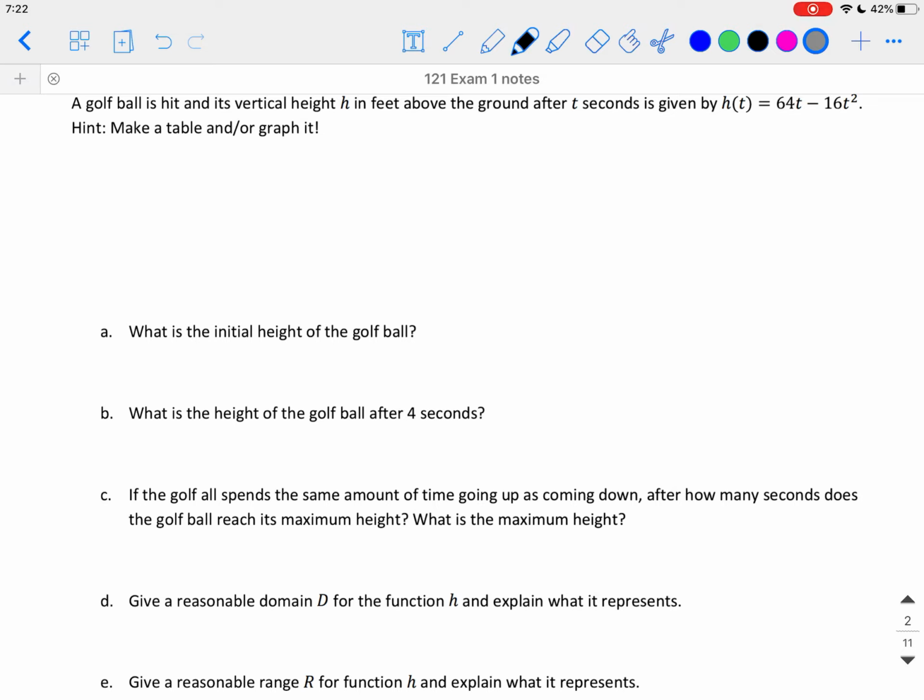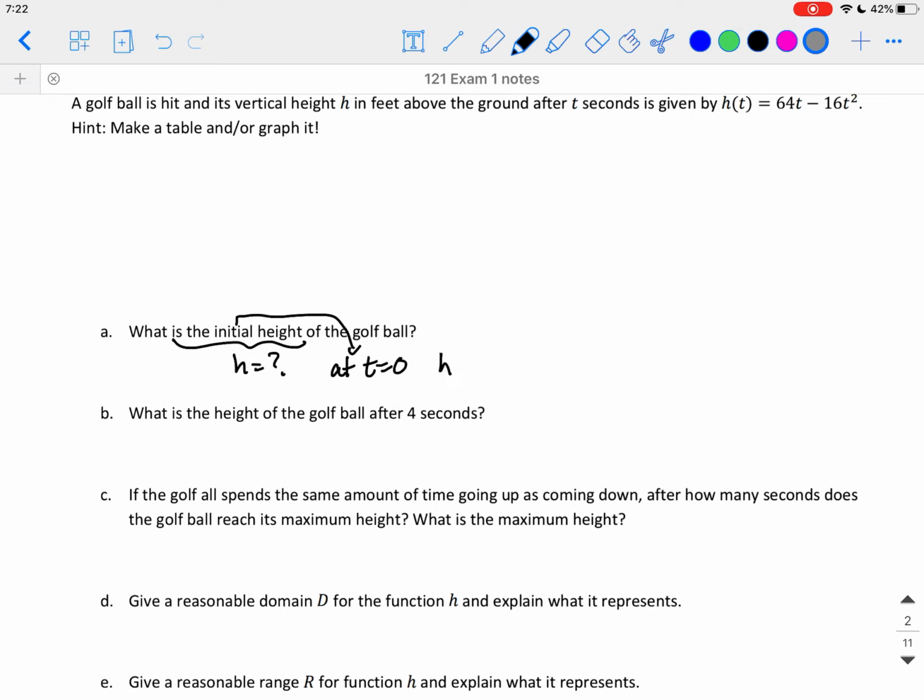So the initial height of the golf ball. What is the initial height means that we're looking for h, and the initial height technically means at t equal to 0. Our time is equal to 0. The golf ball has not been hit. So at time 0, hopefully it makes sense that it's on the ground. So here it is mathematically.